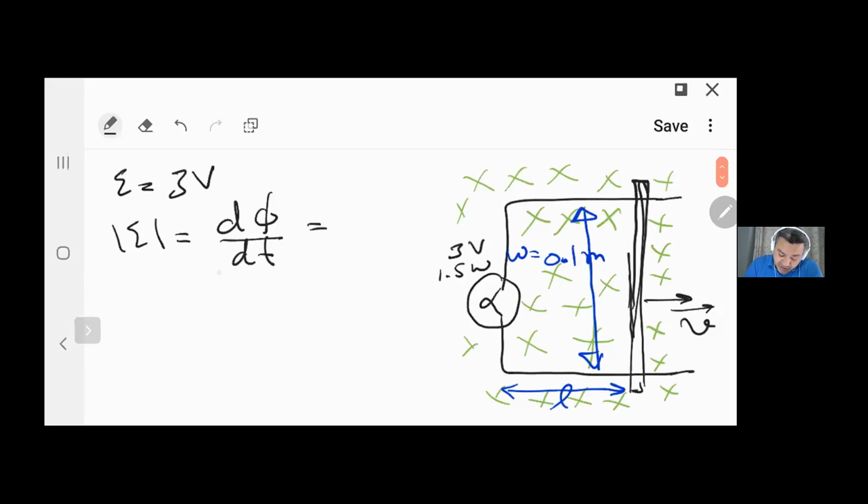The area is changing where the magnetic field is uniform and steady. So in this case, I have this dA dot B.